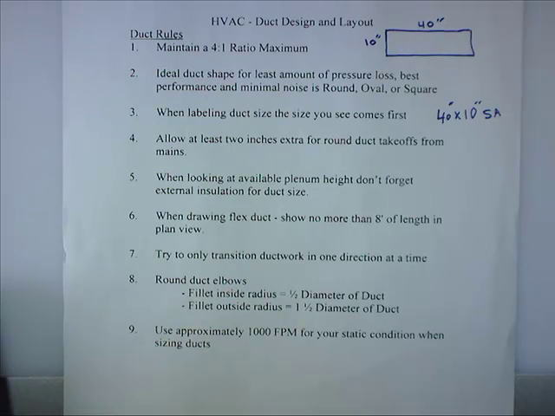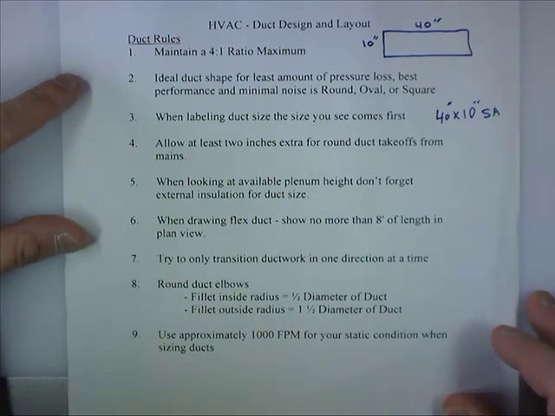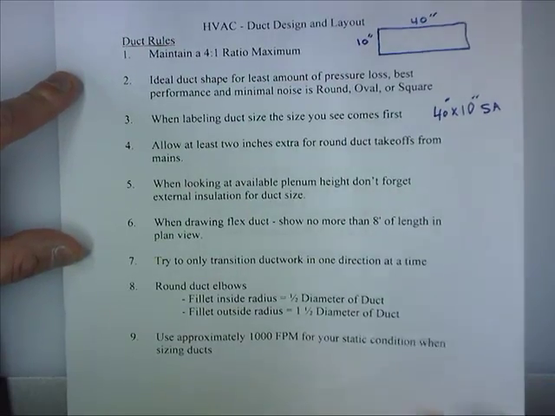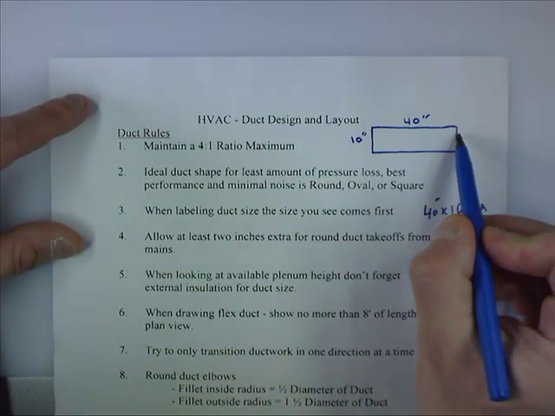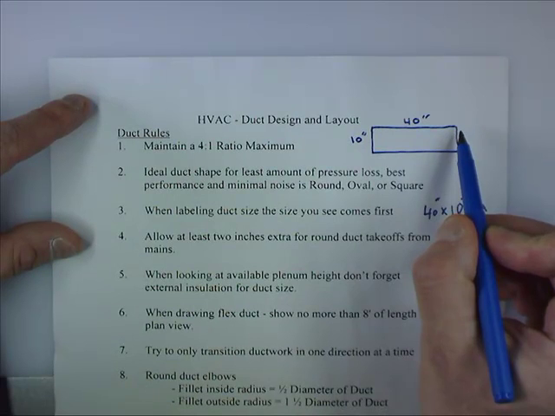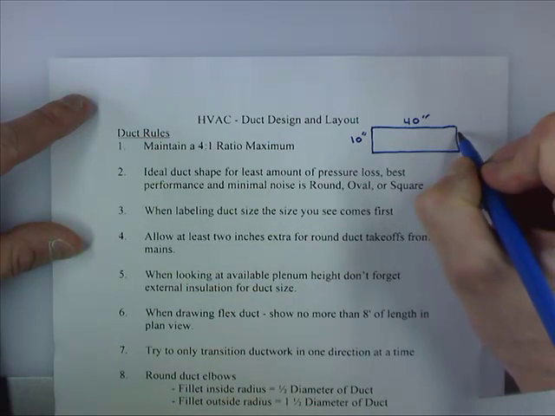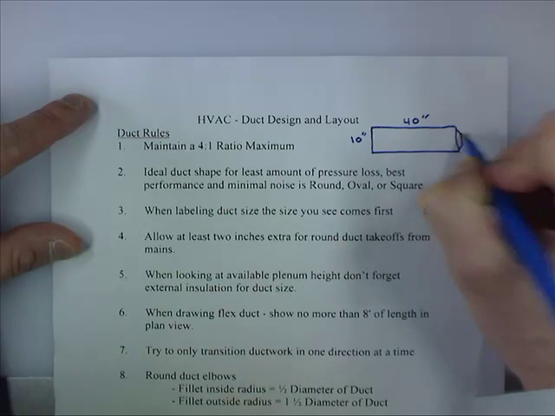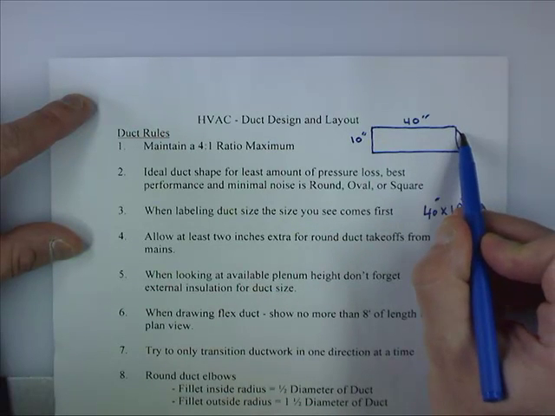So that means whenever I'm looking at this from the side view, and we'll go back to this one, if I'm going to do a round duct takeoff from this, I'm basically going to have a conical takeoff, and then I'm going to have round duct that connects to that.